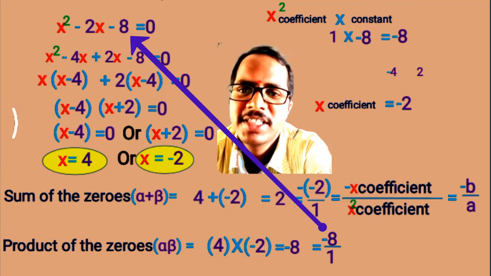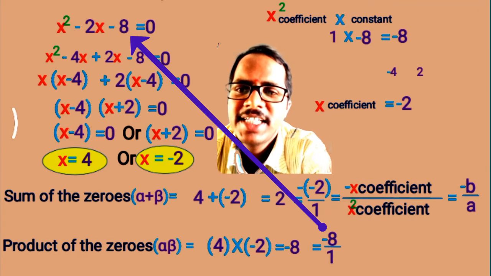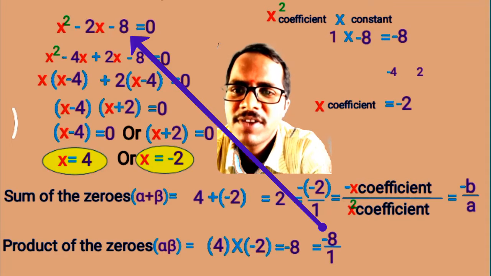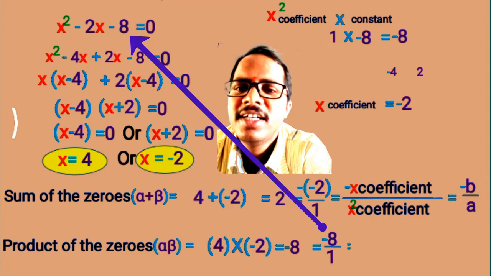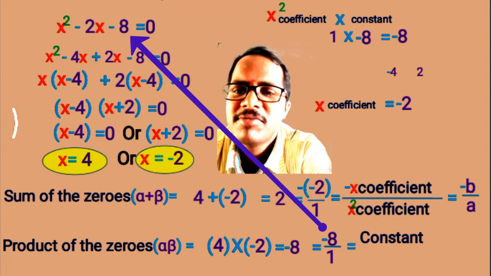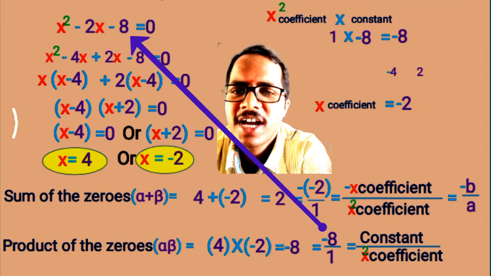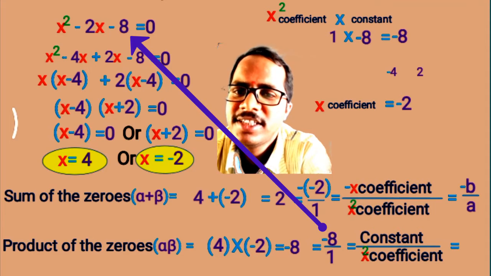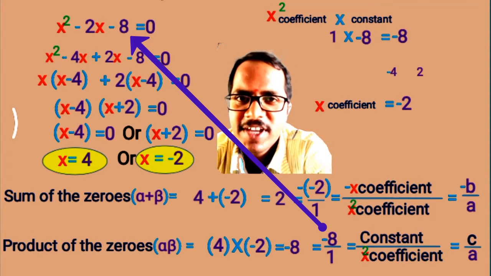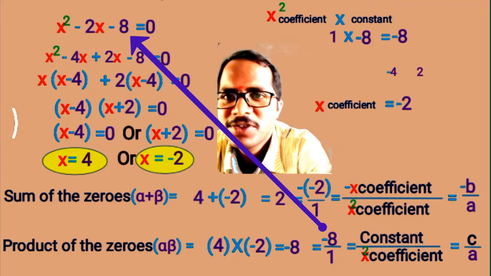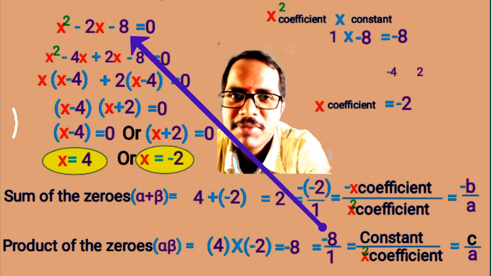That means this minus 8 by 1 is related with the coefficients as constant by x square coefficient, which can also be written as c by a. So in this way we verified the relationship between the zeros and the coefficients of the given quadratic polynomial.